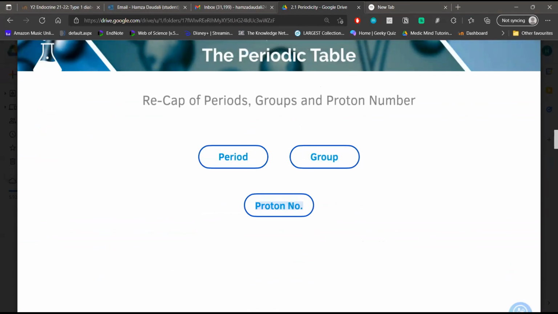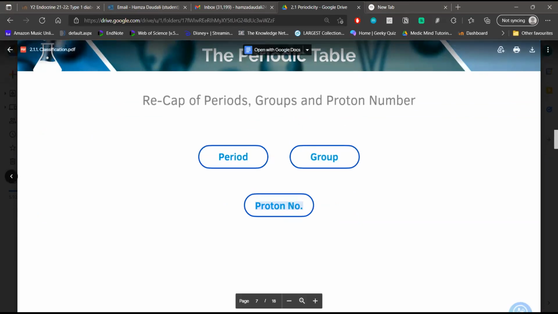If someone in the chat could message that. Period, group, and proton number definitions.